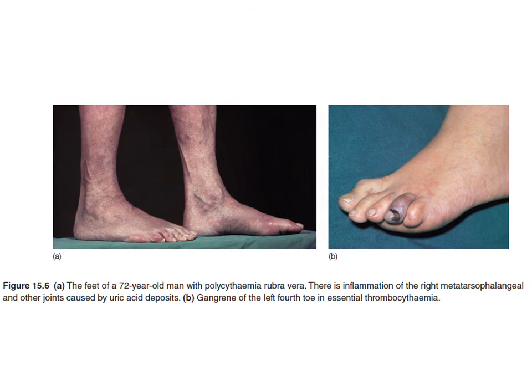There is high turnover of pyrimidine and white cells are extracted, which results in high uric acid. These uric acid crystals are deposited in different body organs, and this will result in gout-like complaints. In picture B, you can see gangrene of the left fourth toe in essential thrombocythemia.